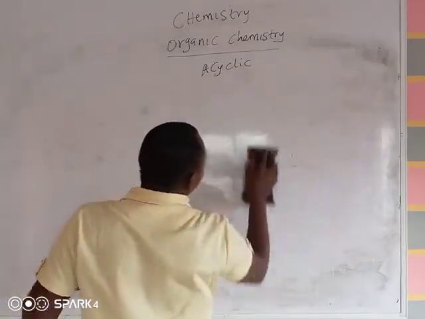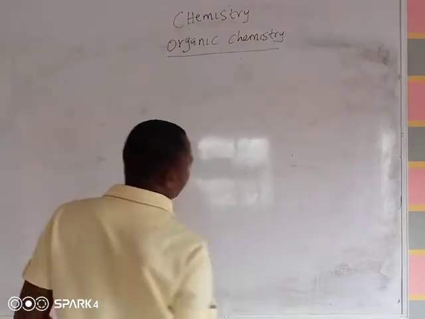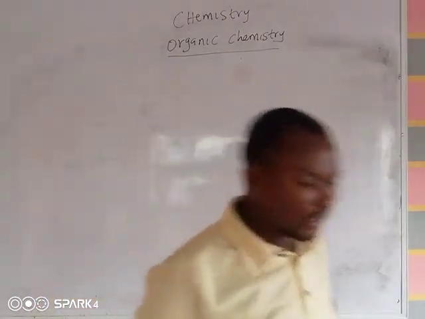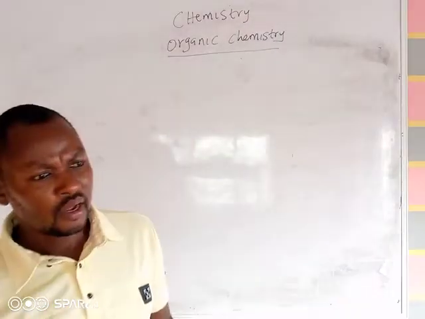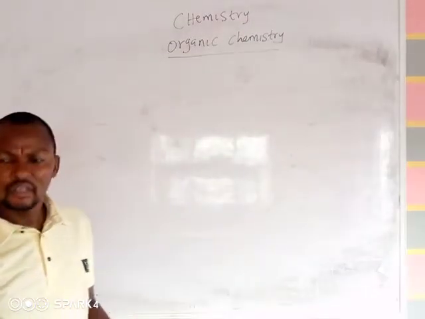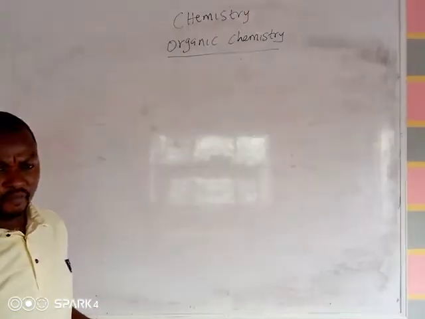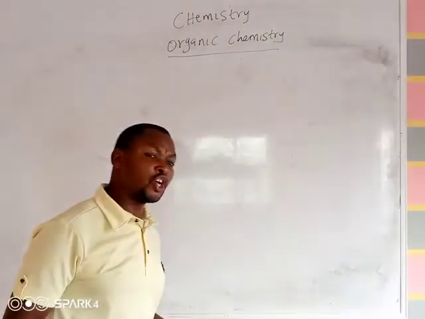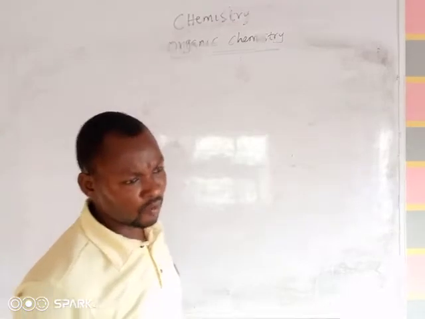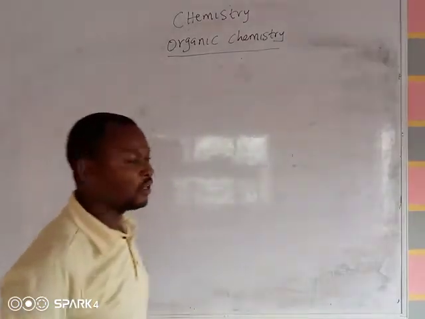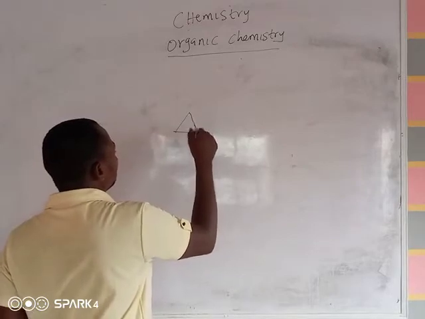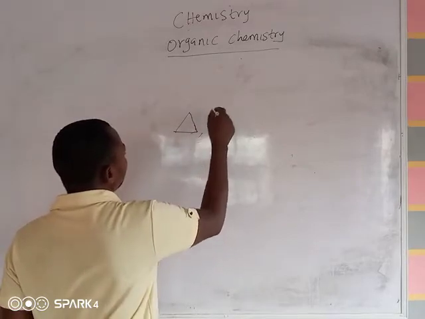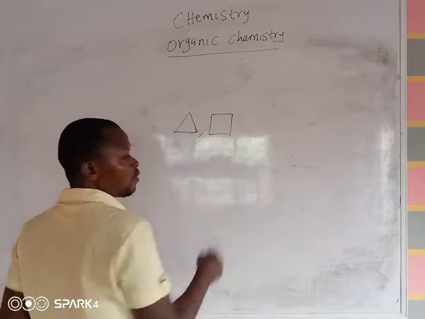The other one is the cyclic chain. Cyclic chain hydrocarbon is a hydrocarbon that forms a plane. It forms a shape, which can be triangular, rectangular or square.